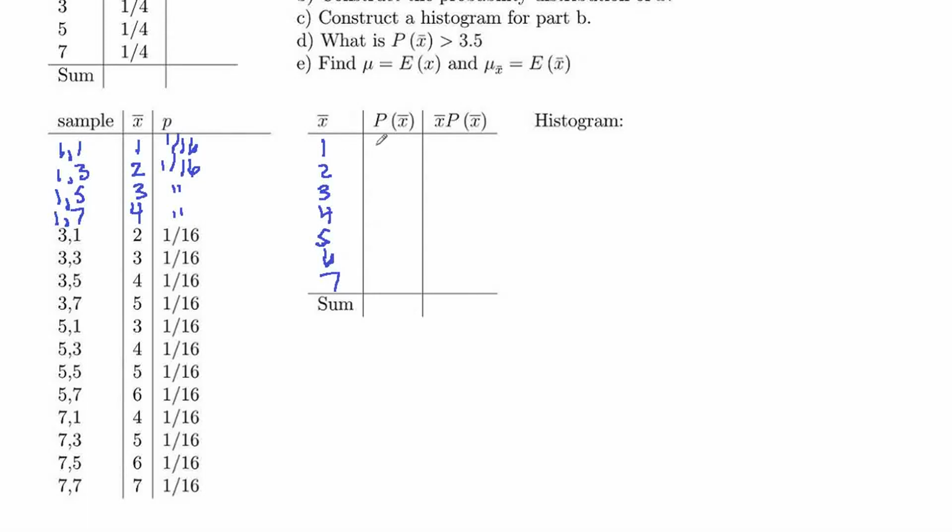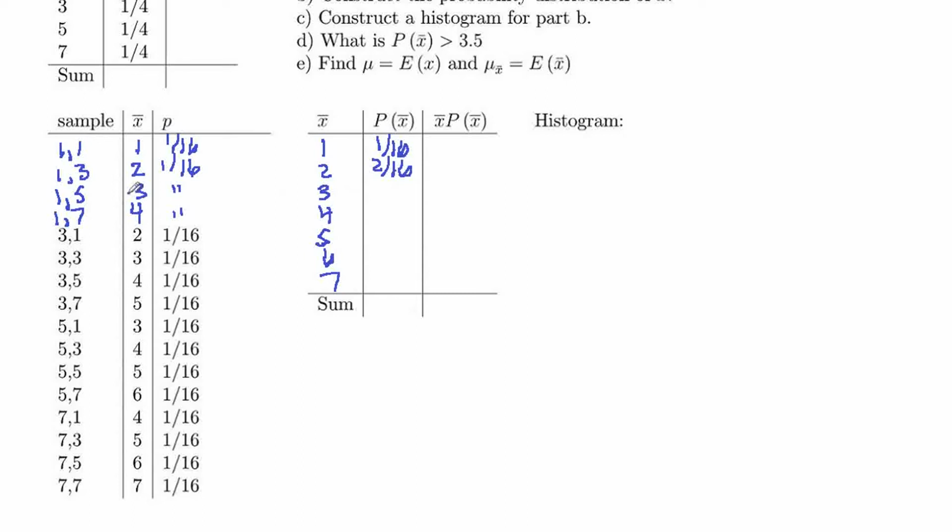So probability that you would get a sample with mean of 1 is 1/16th. Probability that you have a sample with mean 2, you've got 2 there and a 2 there, so 2 out of 16. I'm not going to reduce fractions.